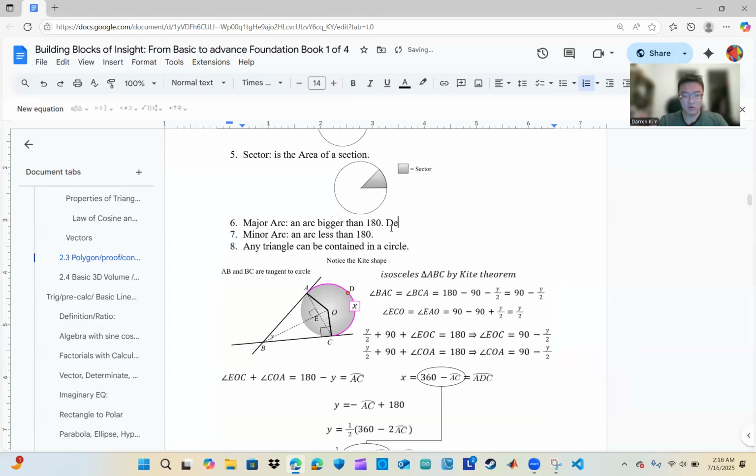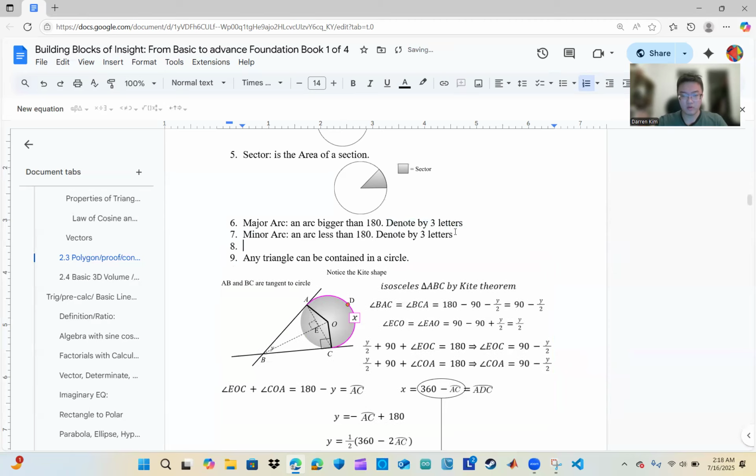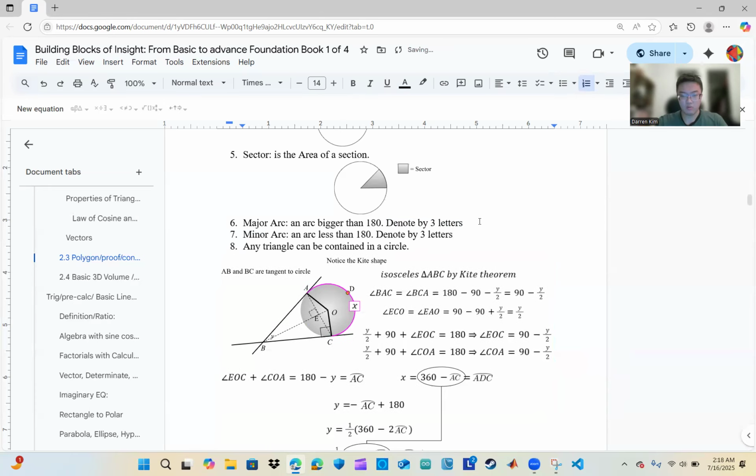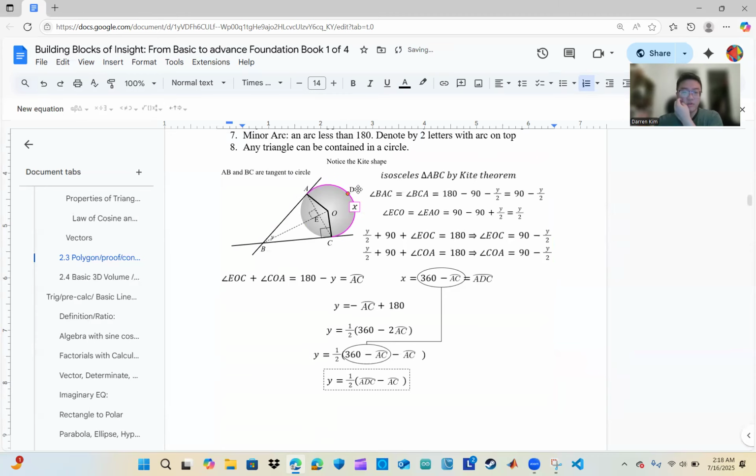A major arc is denoted by three letters with an arc on top, and a minor arc with two letters with an arc on top. So that's why I made the fictional D over there.